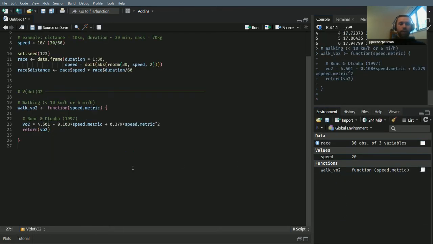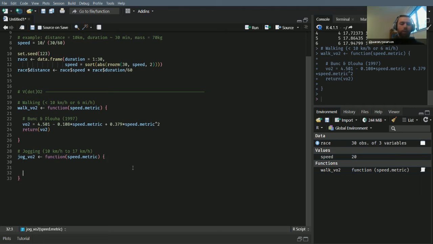So let's do that for another formula here, which we'll call jogging, or jog underscore VO2. And that's because it can take speeds that are a little bit higher. So function speed.metric. Just to make sure that we don't get confused, we could say jogging anywhere from 10 kilometers per hour to 17 or 18 kilometers per hour, based on what the authors suggest.